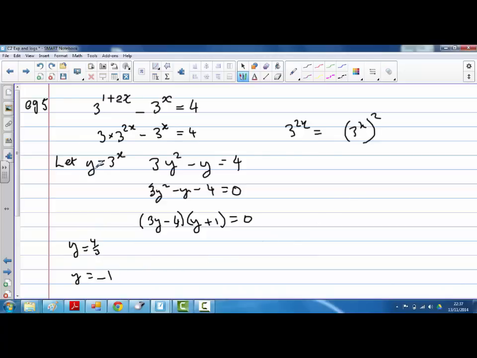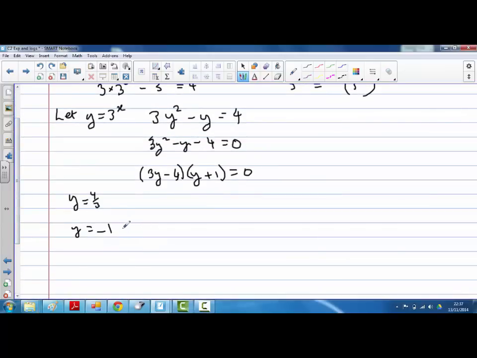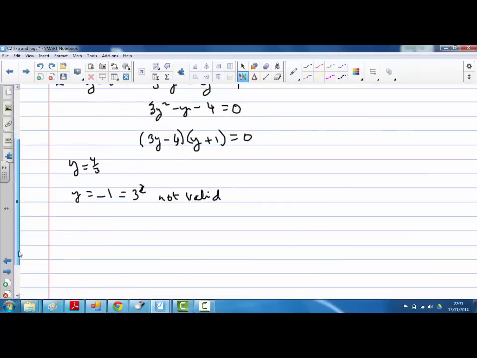We've said that y equals 3 to the x, so we know that y equals minus 1 is not valid, since we can't have a negative value. From the graph, we should know that 3 to the x will always be positive. And so we've got y equals 4 over 3, so let's play around with that.